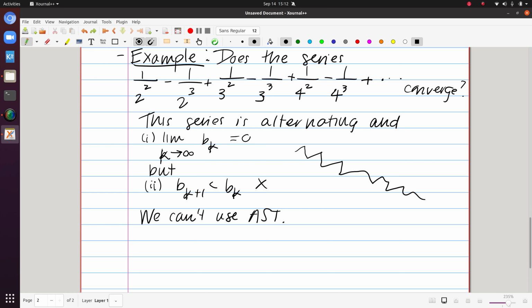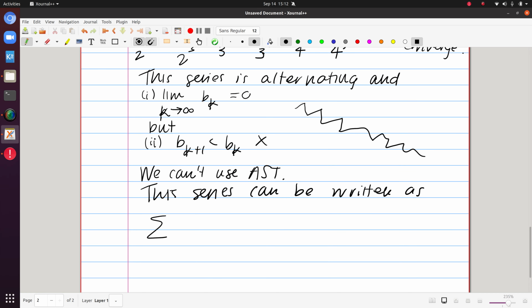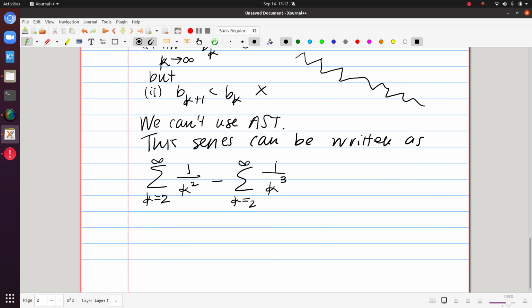So this series can be written as the sum from 2 to infinity of 1 over k squared minus, if you look at all of the negative terms, likewise this starts at 2, but these are 1 over k cubed.